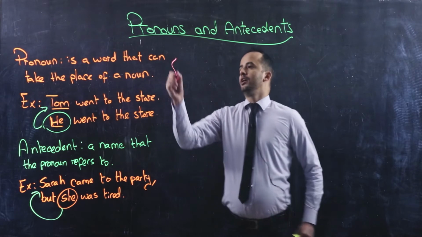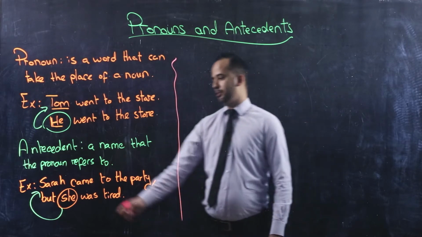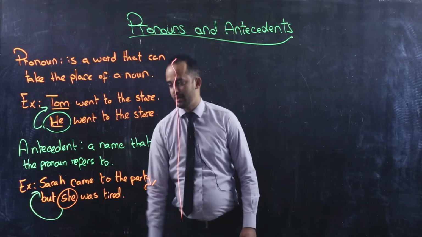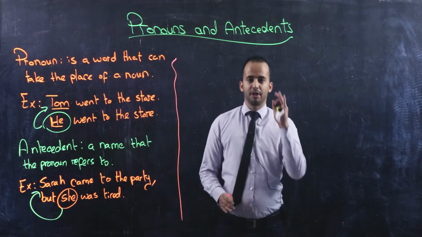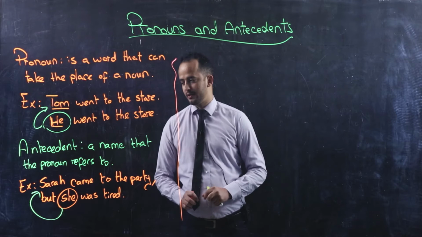Now, you need to know that the pronoun like she, for example, and Sarah must agree in 3 terms or in 3 points. Okay?